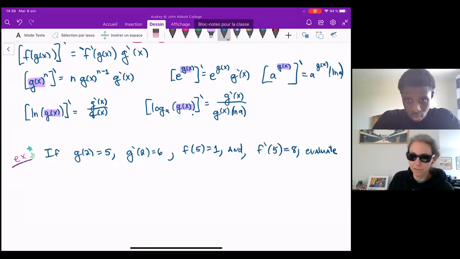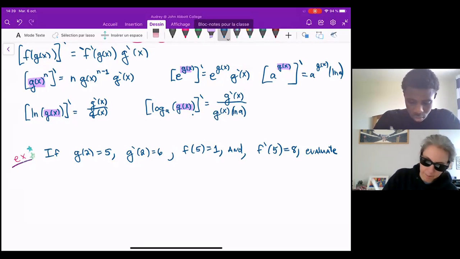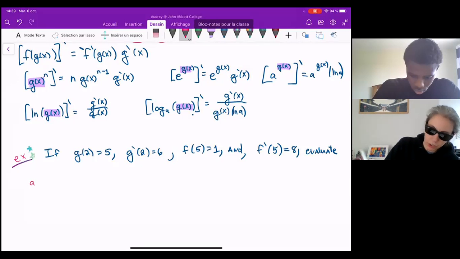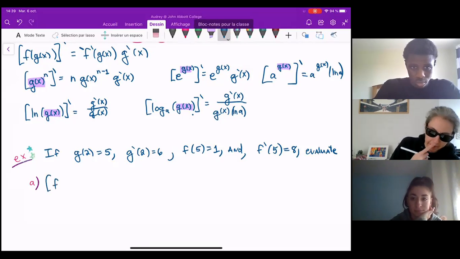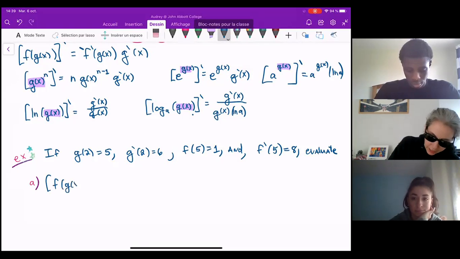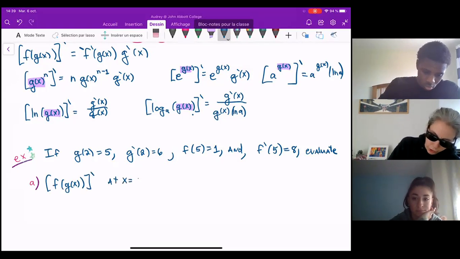Okay, so if we have all of these things, then we're going to start off by evaluating just the derivative of f of g of x at x equals 2.